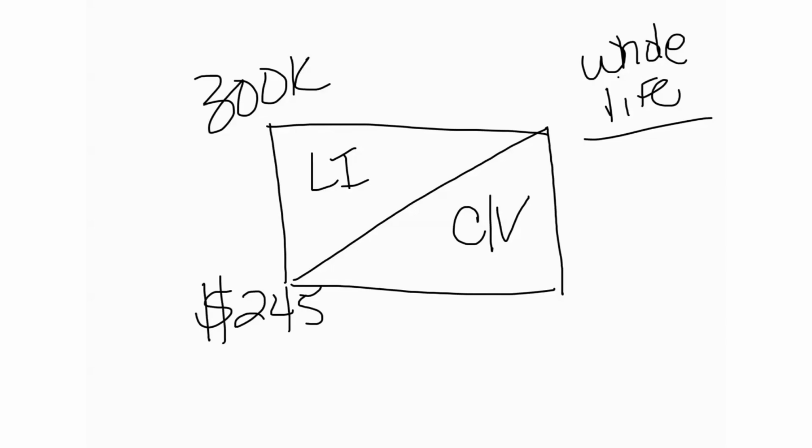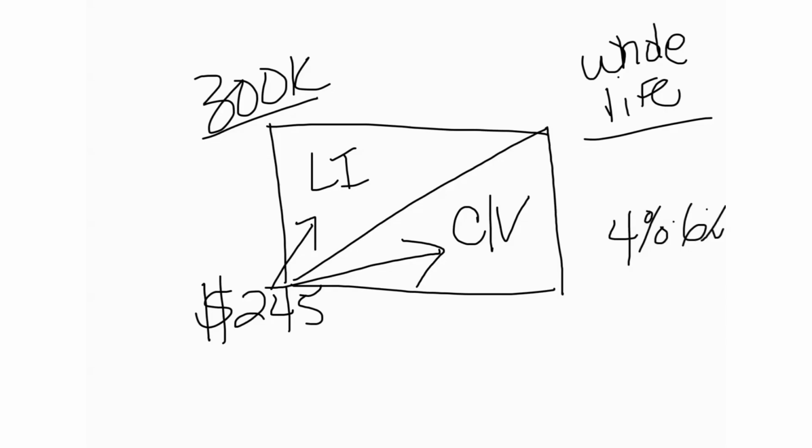Okay. So of your premium, part of it goes to pay for the cost of insurance for your $300,000 face amount or death benefit. And then the rest of it goes into this savings account. In a whole life policy, typically the savings account will earn like 4 to 6%. Now I want you to understand how this works though. You're putting your money in and the cash value is building up until endowment.